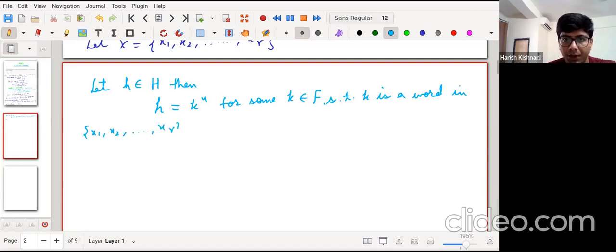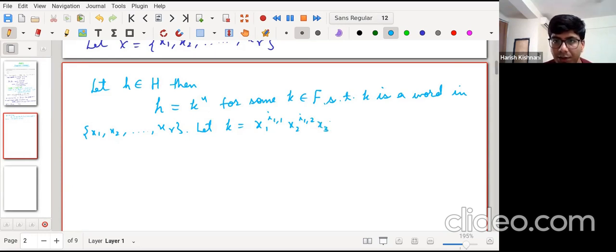Let k be of this form: x1^(i_{1,1}) x2^(i_{1,2}). These integers may be 0 as well, but we can write any element in this form: x3^(i_{1,3}), and so on to xr^(i_{1,r}).